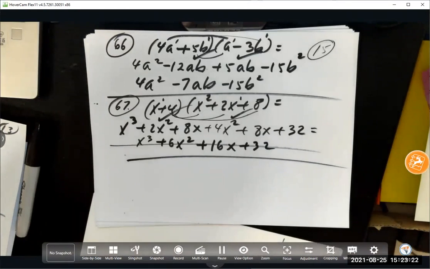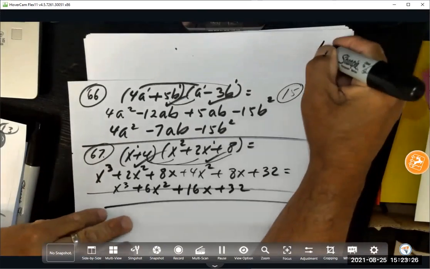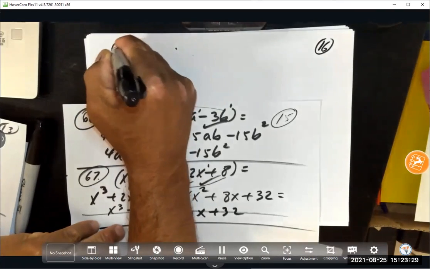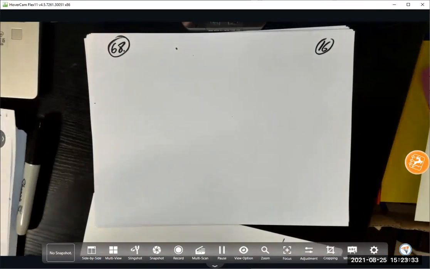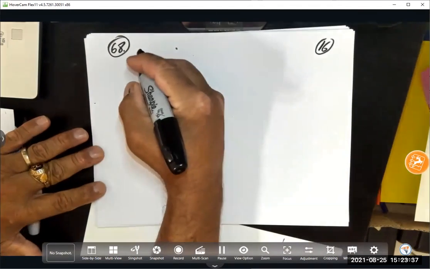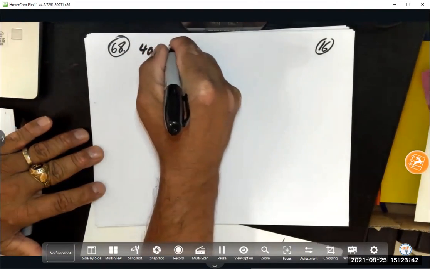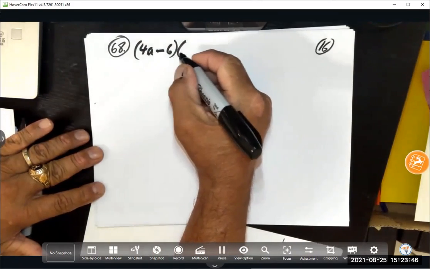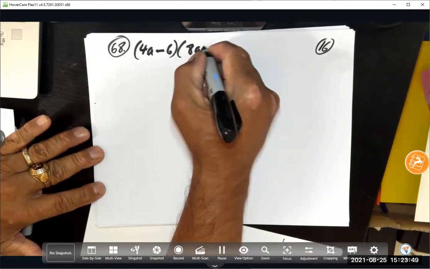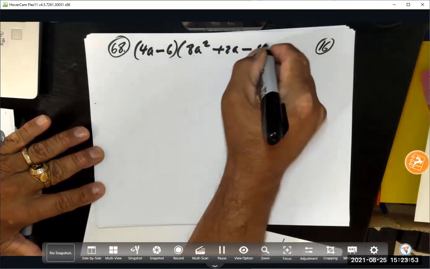Yes. I'm going to do 68 then. 68. It says, let me find it. Oh, here it is. It says 4a minus 6 times 8a squared plus 2a minus 4.